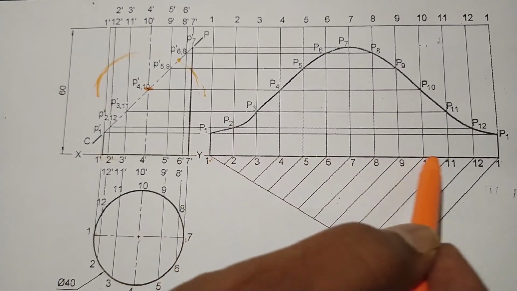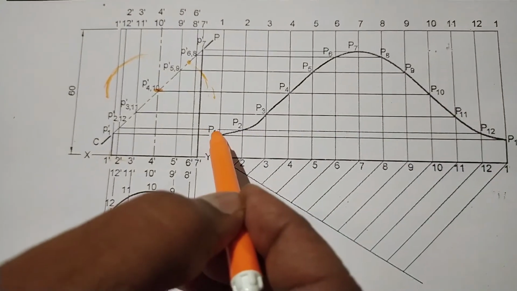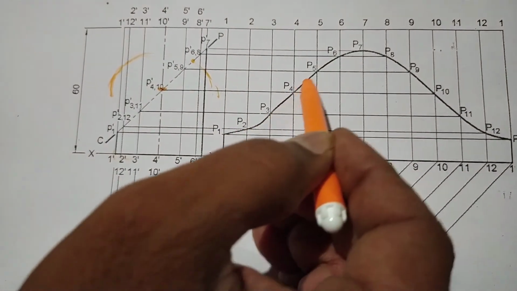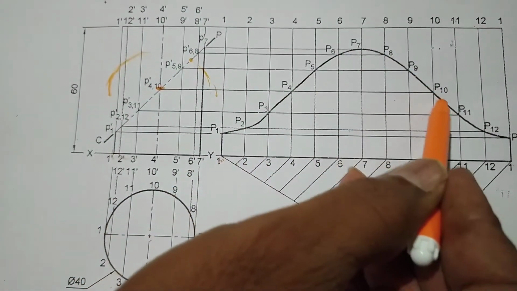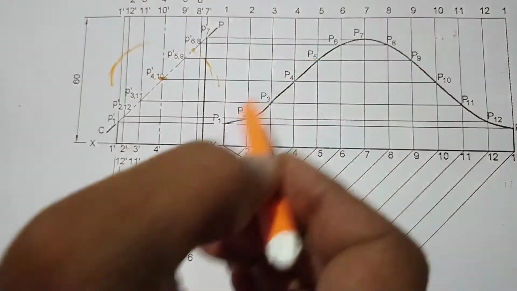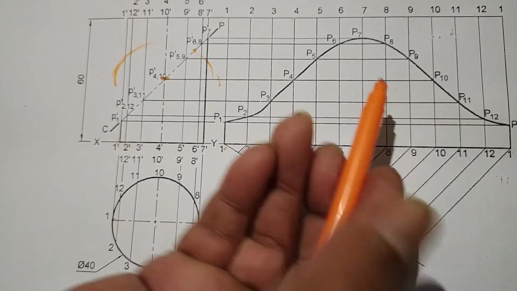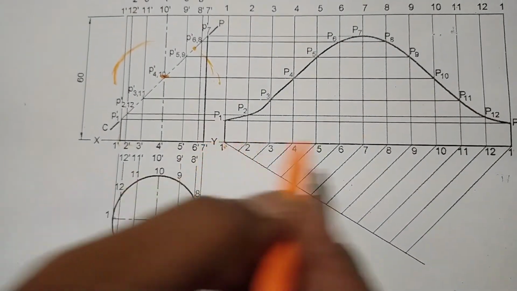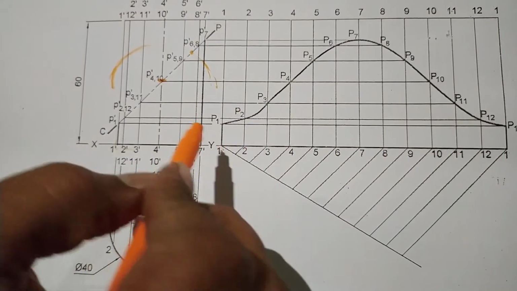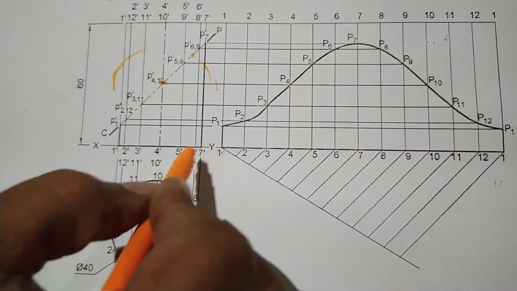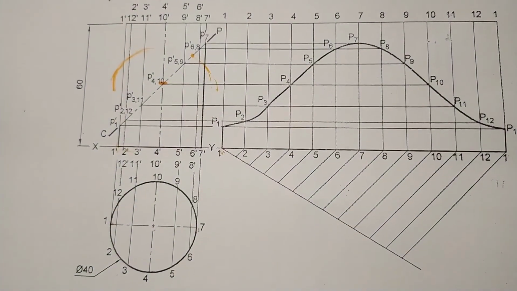You have to draw it dark and join these points by a freehand curve. This is the required portion. If I now fold it, roll it and join P1 to 1 and P1 to 1 after rolling, we will obtain this shape in the front view. Thank you.